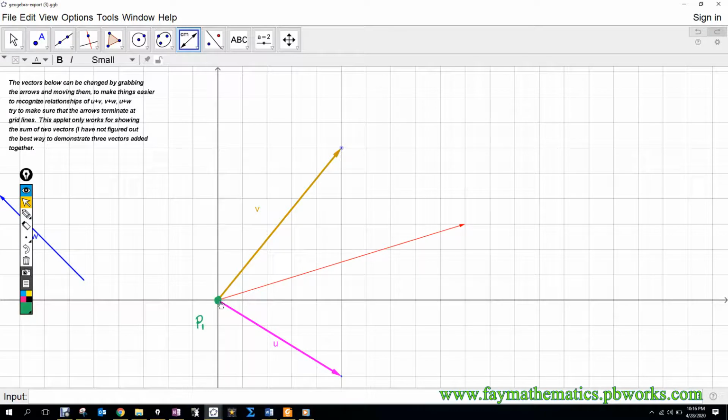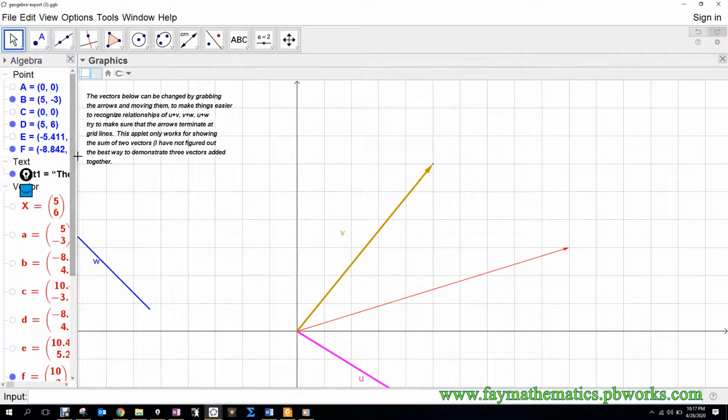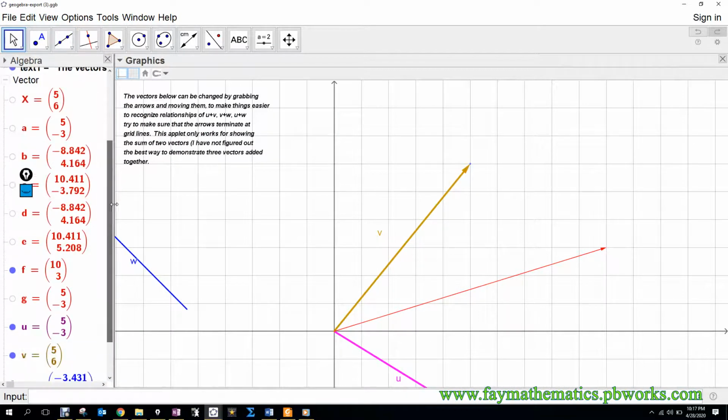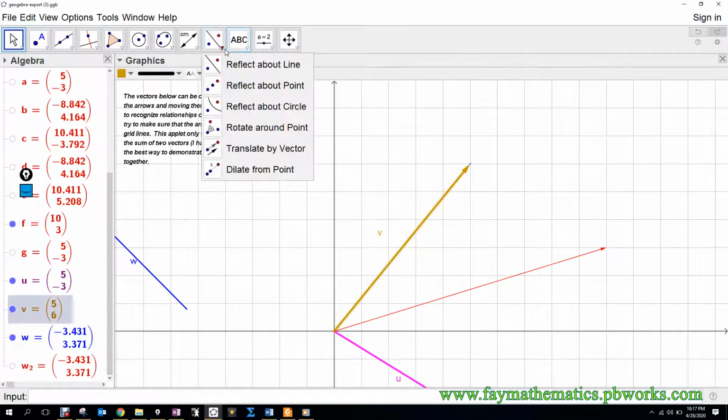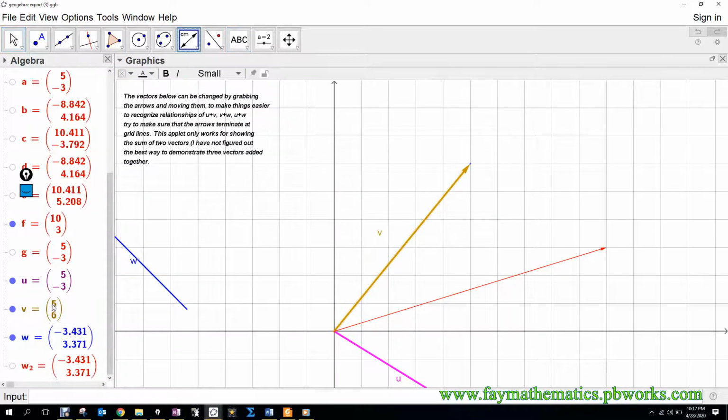So the length, I thought that'd be a problem. V. We could take 25 plus 36 and take the square root of that. Can I just do this? I can't.